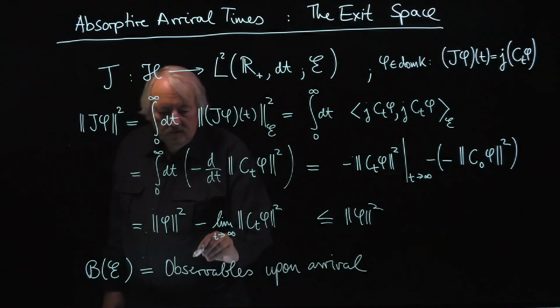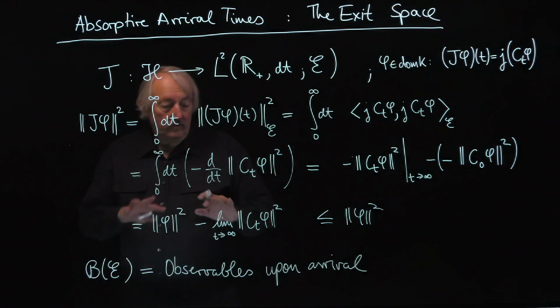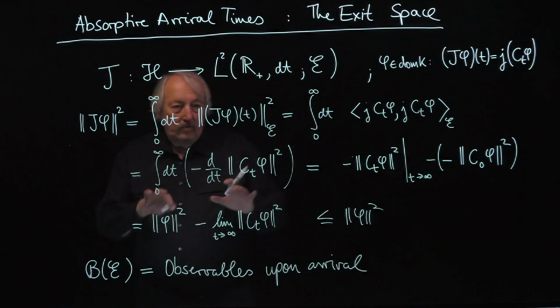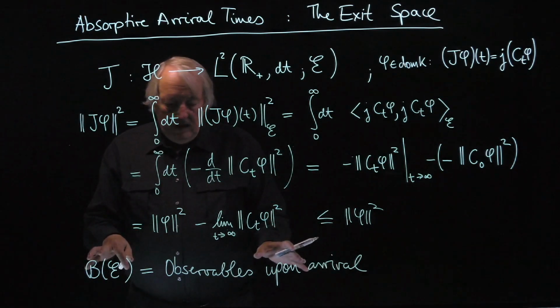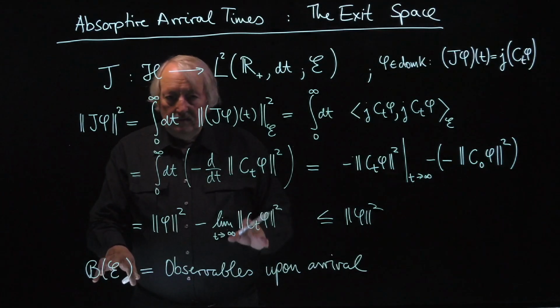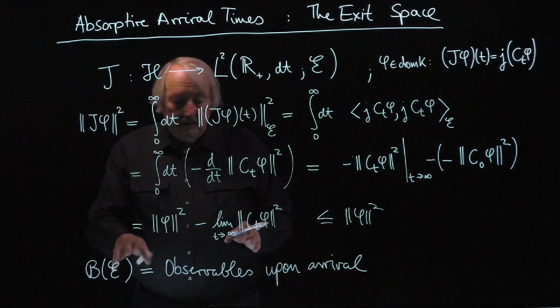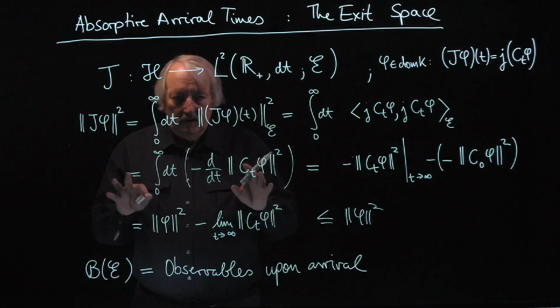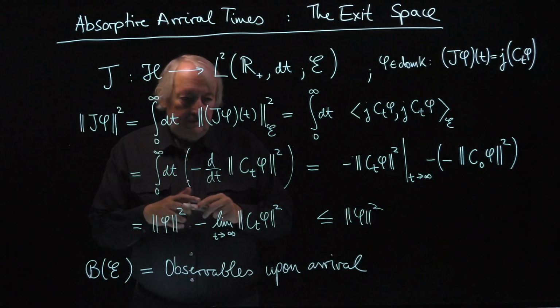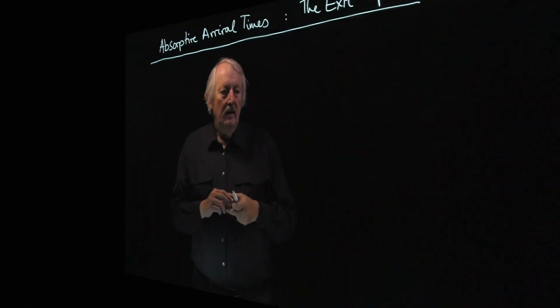We'll see how this plays out, for example, for a counter or an array of counters, and various other examples where this exit space naturally crops up, and it gives you exactly what you want, namely a description of what you can measure at an arrival event.